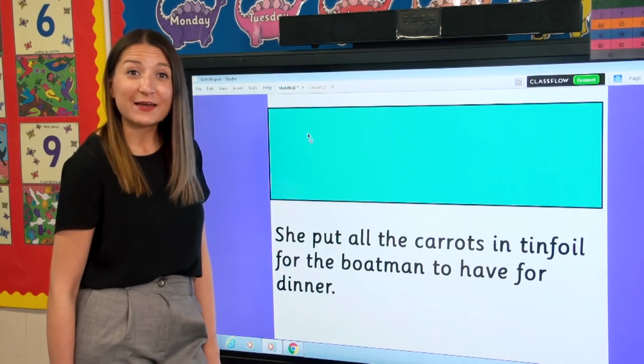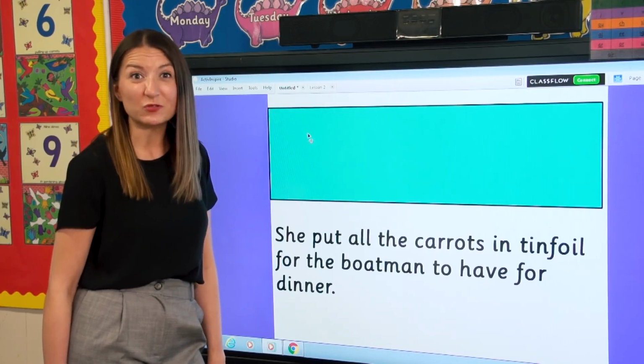Now I want you to read aloud as I point to the words. And remember, sound out any words you're not sure of. Let's go.